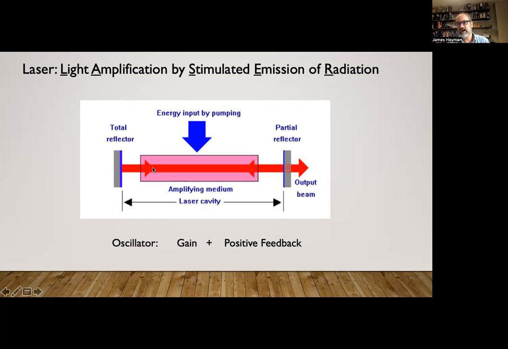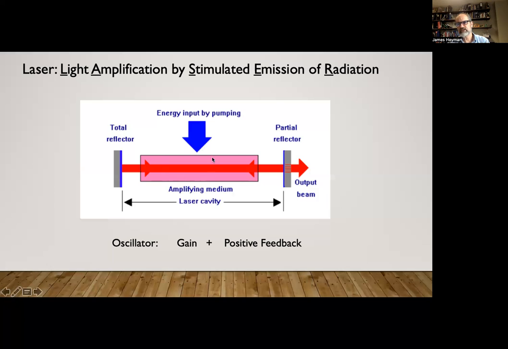And this creates an oscillator, something that has gain and positive feedback and will spontaneously start to emit power, in this case light, once it's turned on. In particular, one of the reflectors is made a high reflector or total reflector that reflects nearly all of the light that strikes it. The other one is a partial reflector so that some of the light can leak out to be an output beam.